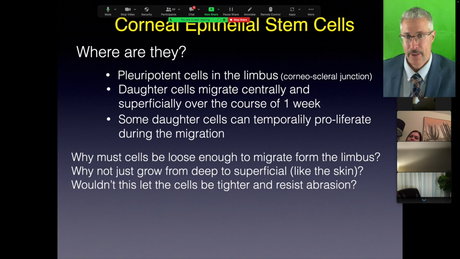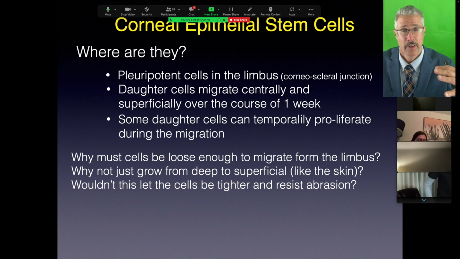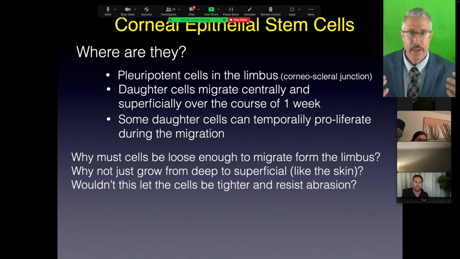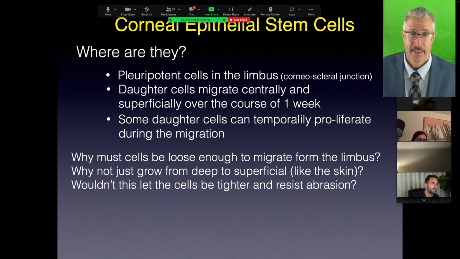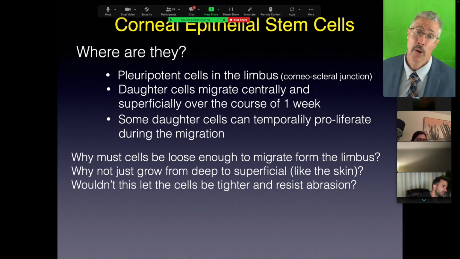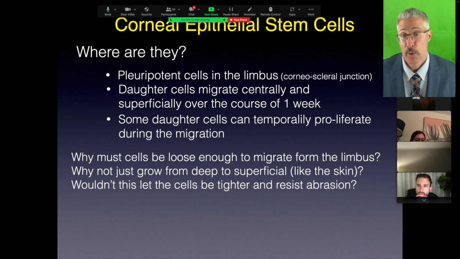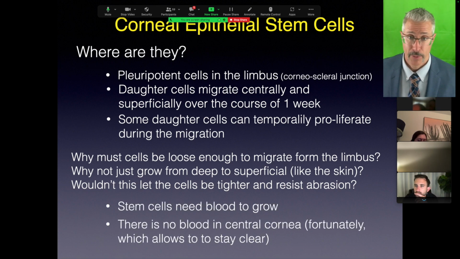Here's a question. Why must epithelial cells, when they grow not in hairs but in sheets from the limbus, why must those sheets be so loose? Why do they grow from the limbus? Why don't they just grow from the middle of the cornea, like skin? Then you can be real tough and not be prone to these erosions. And of course, the answer is you need a blood supply to grow. And if your blood supply was right in the middle of the cornea, you couldn't see.